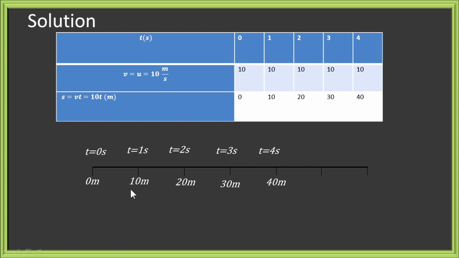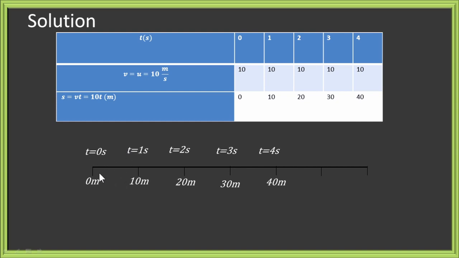After 1 second, it has moved 10 meters. 2 seconds, 20 meters. 3 seconds, 30 meters. 4 seconds, 40 meters. Look, equal distance is covered with an equal interval of time. The distance from 0 meters to 10 meters is 10 meters. The time gap is 1 second, between 0 seconds and 1 second.